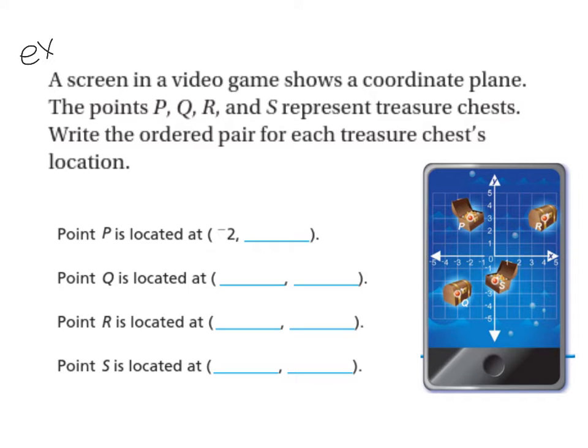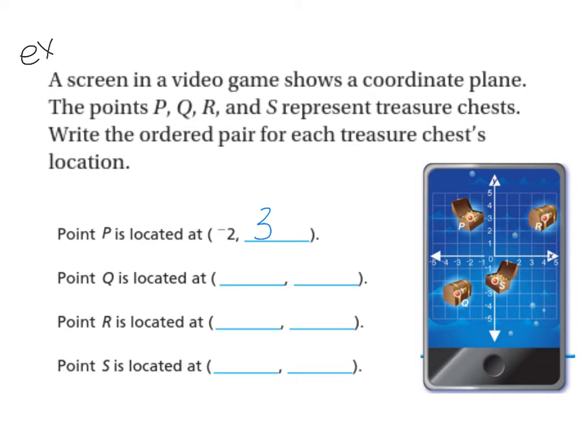So point P, the x-axis, has been done for you. The point P is located at -2. The y-axis, the up or down, the vertical axis, it looks like P, so it's -2, so across and up, 1, 2, 3. So P is located at -2, +3.